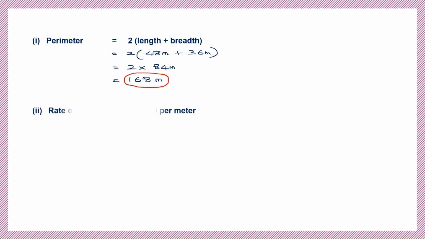Now we have to find the next thing. We are asked to find the rate of fencing this rectangular park at the rate of 40 rupees per meter. Remember, fence is put in the border, that is the perimeter. So for 1 meter, it is 40 rupees. So for 168 meters, it will be 168 into 40. Perimeter into rate per meter will give us the total cost of fencing.